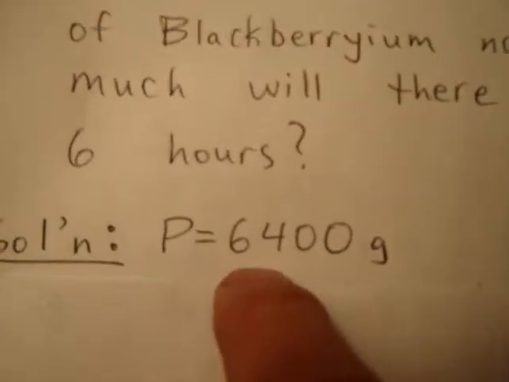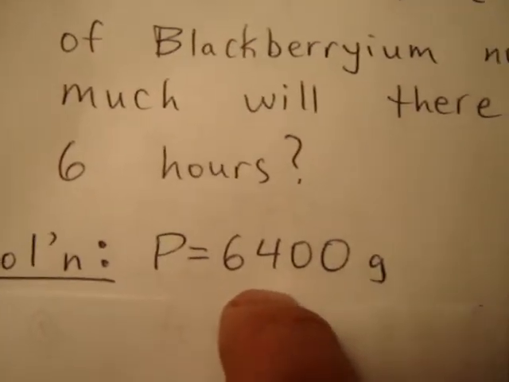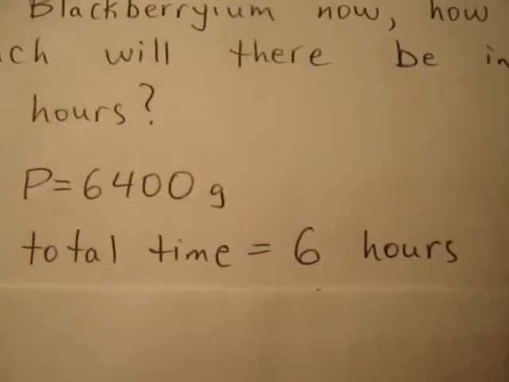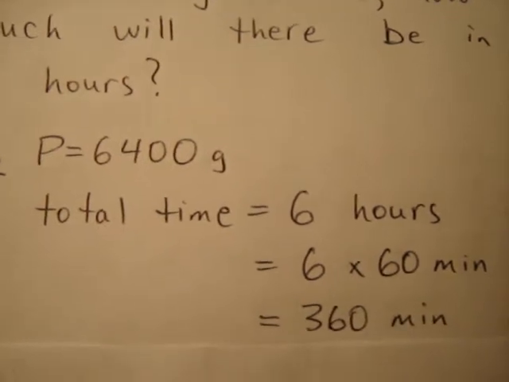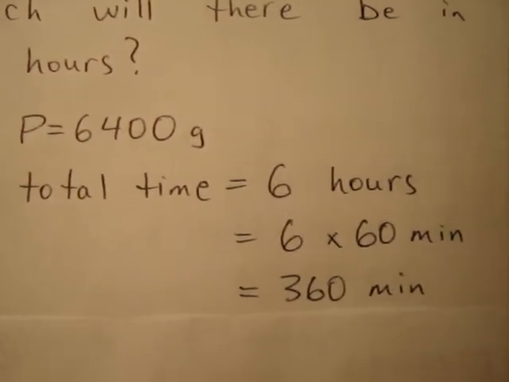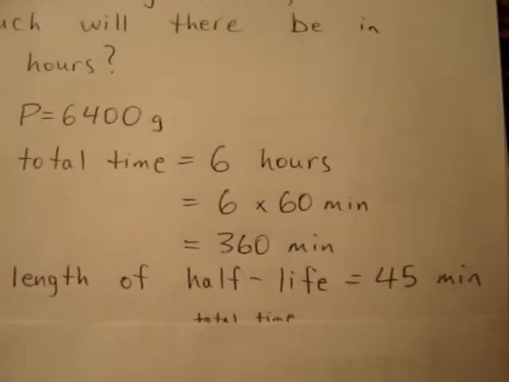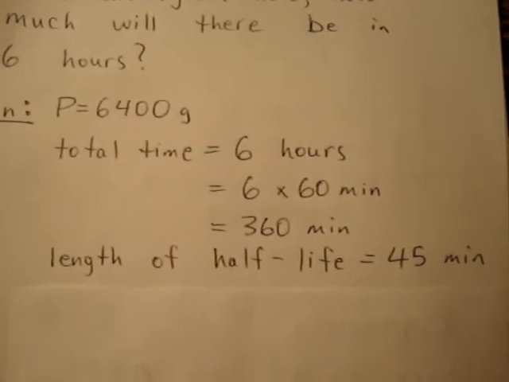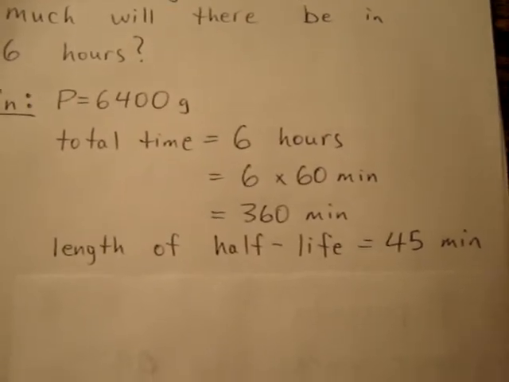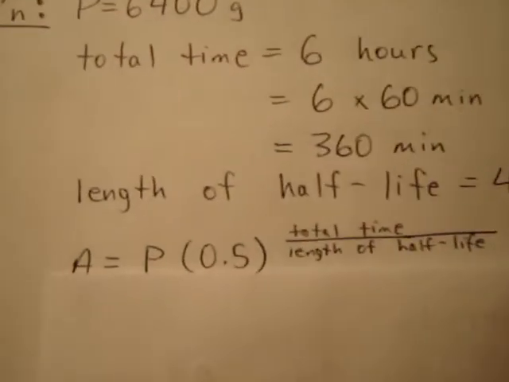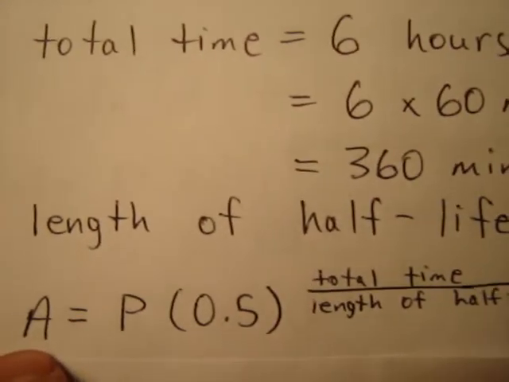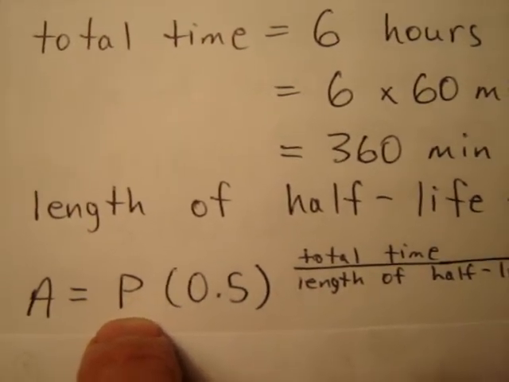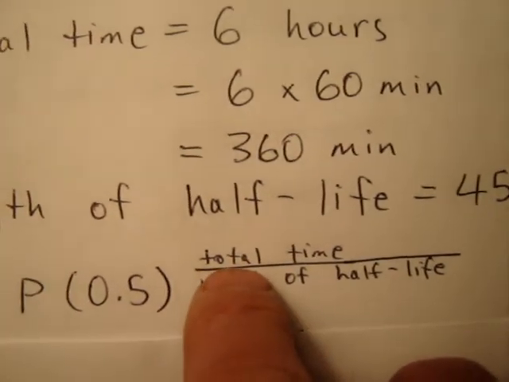Well, we begin with a prior amount of 6,400 grams. And we make note that the total time in the question is 6 hours, and that 6 hours is equal to 360 minutes. And we note that the length of a half-life is 45 minutes. And we use our formula for half-lives, which is the final amount in a half-life question is going to equal the amount that occurred prior to any deterioration times 0.5 to an exponent.